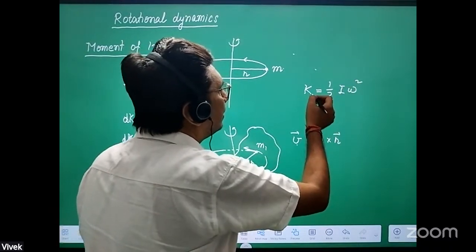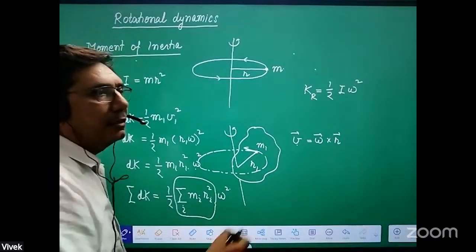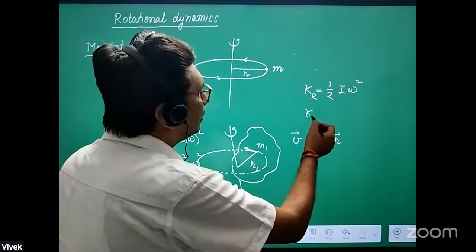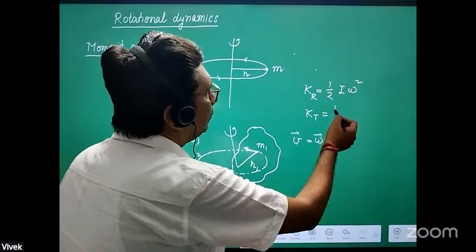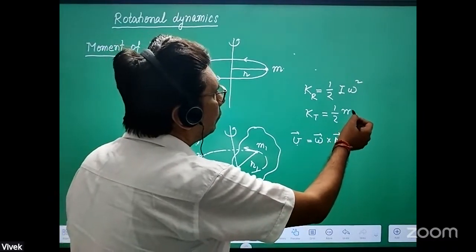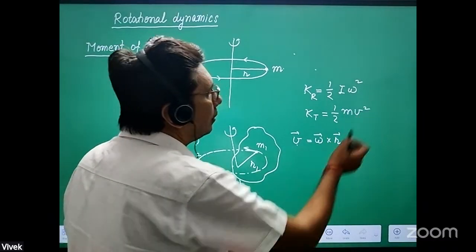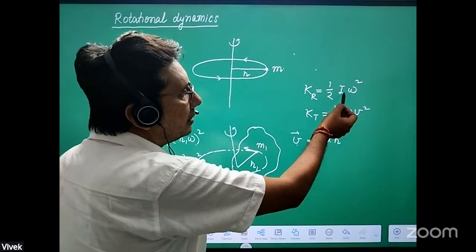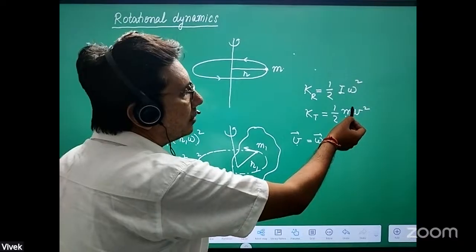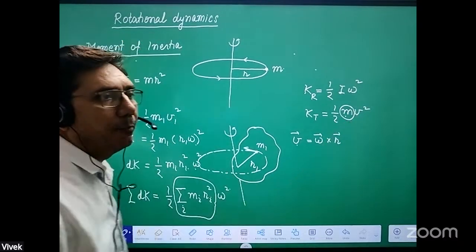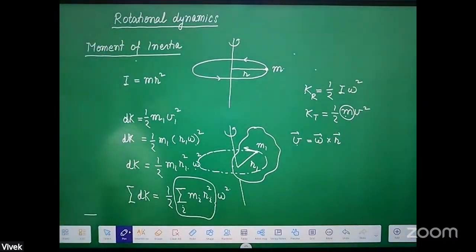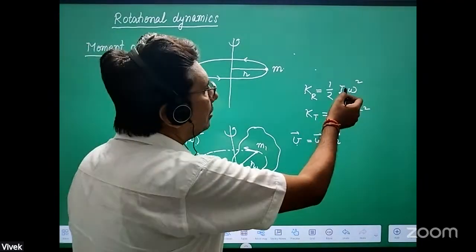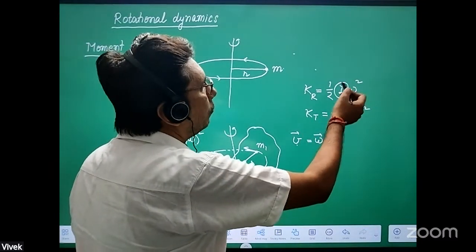If you compare this formula of rotational kinetic energy with the translational kinetic energy, the formula is 1 by 2 mv square. So in rotational motion, omega corresponds to v, and I corresponds to m. Whatever role is played by the mass in translational motion, the same role is played by the moment of inertia.